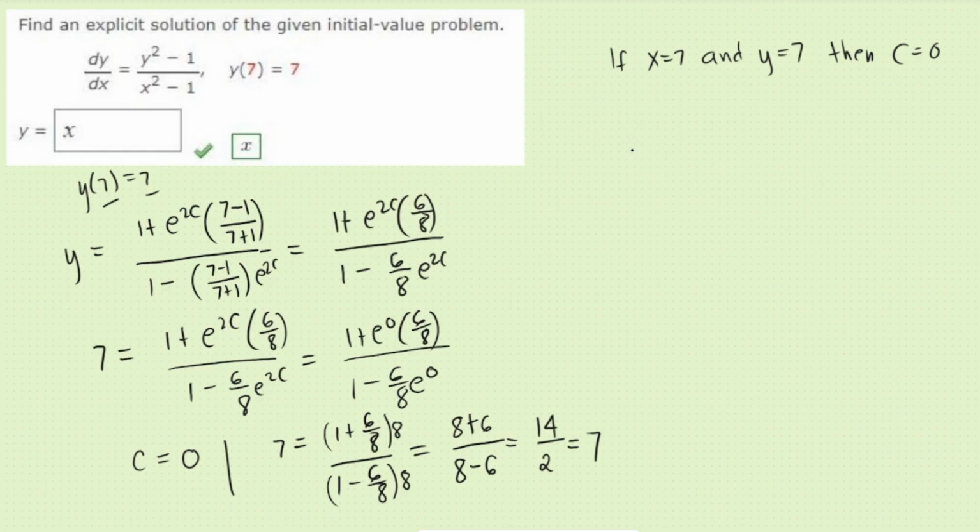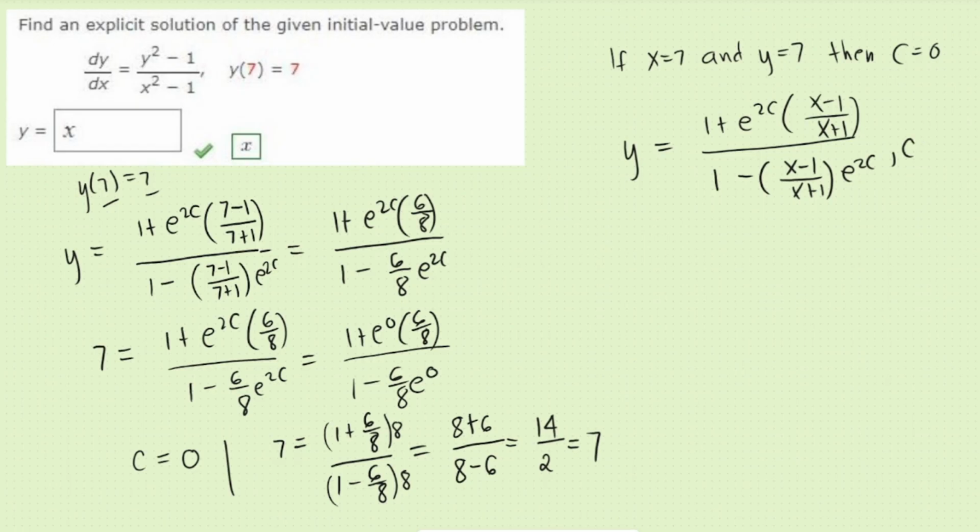So we now plug that in. Our explicit solution is 1 plus e to the 2c times (x minus 1) over (x plus 1), all over 1 minus (x minus 1) over (x plus 1) times e to the 2c.